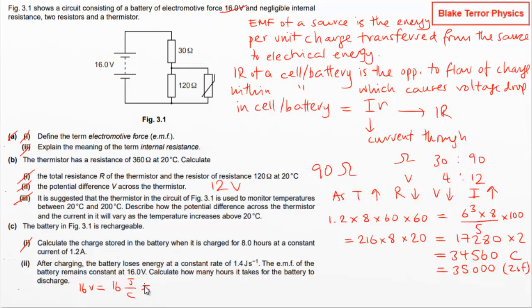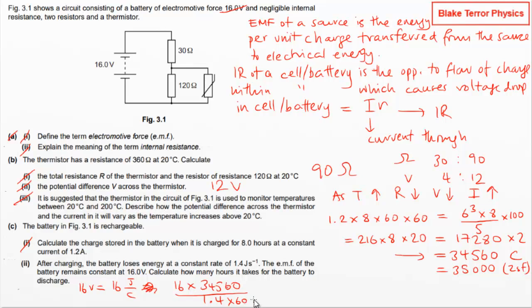So we want to do 16 multiplied by this answer that we had over here. So I have 34560, but I'm not actually going to use that number because I think that would be daft. Then we need to divide by the 1.4, and that's going to give us the answer in seconds.